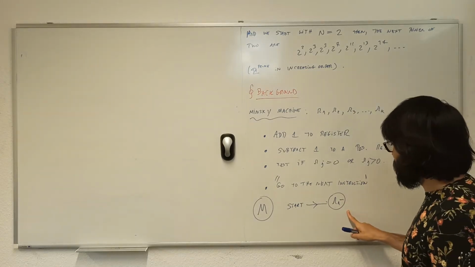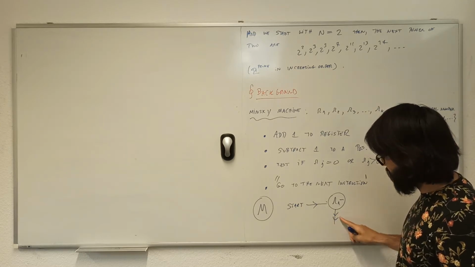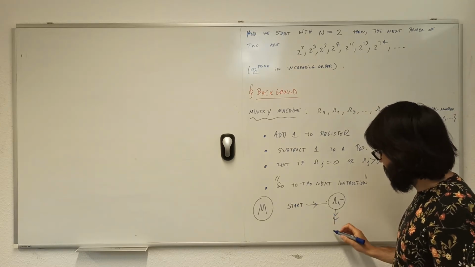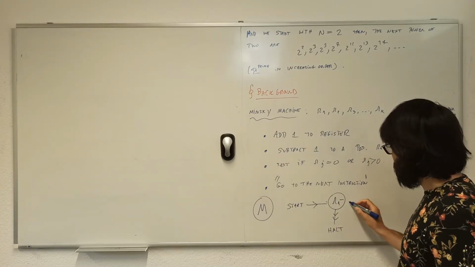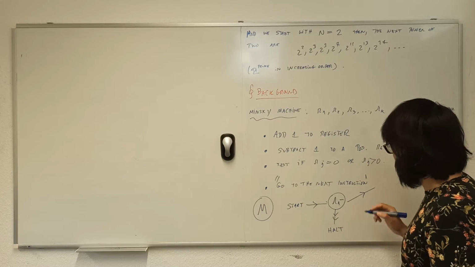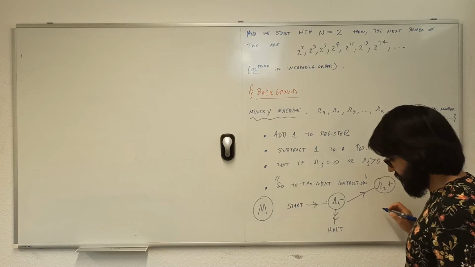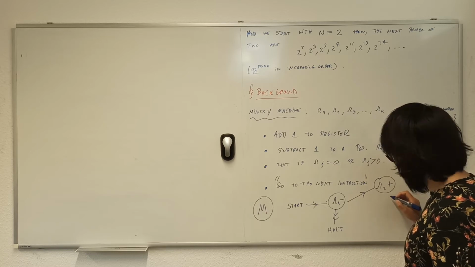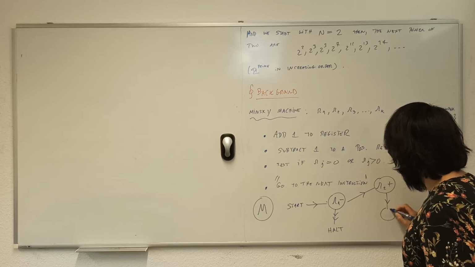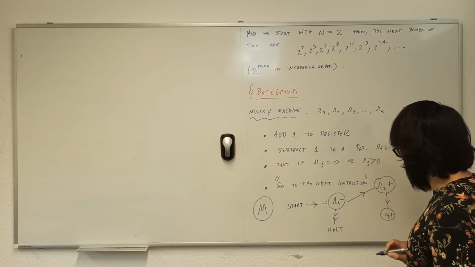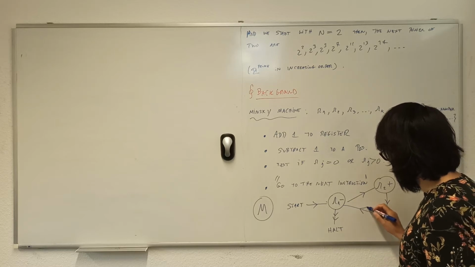Well, whenever I subtract, I have to give an option. So if I can't subtract, then I use a double arrow here, I halt. And if I indeed can subtract, then you go to register 2 and you add. And then you go to register C, so R3, and you add. And then you go back to register 1.